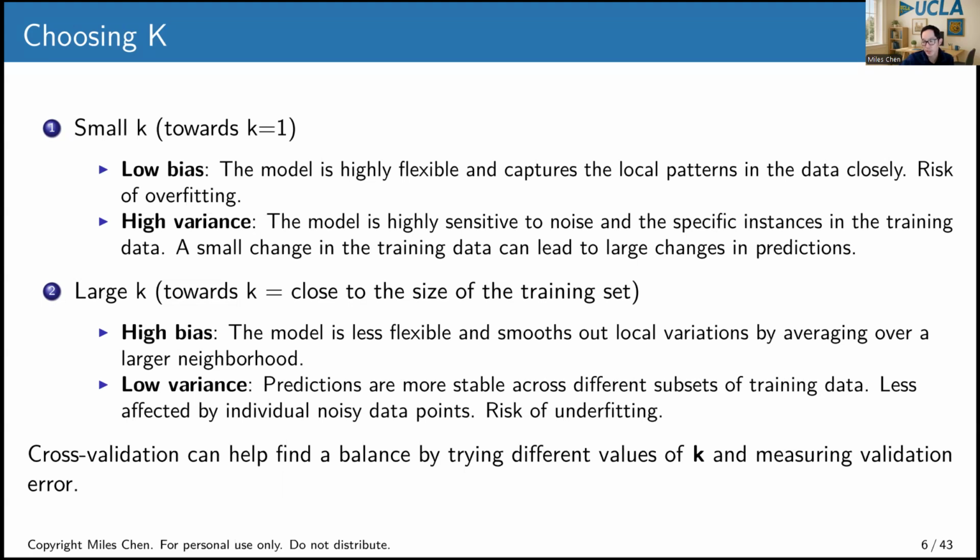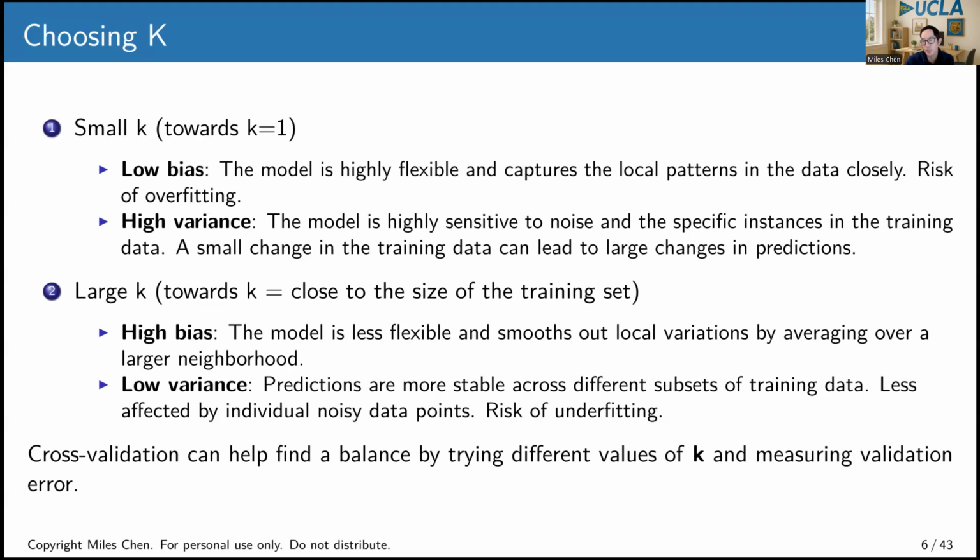You'll have low bias there, but the other issue is you're going to have very high variance, and it's going to be very sensitive to noise and any weird specific instances in your training data.